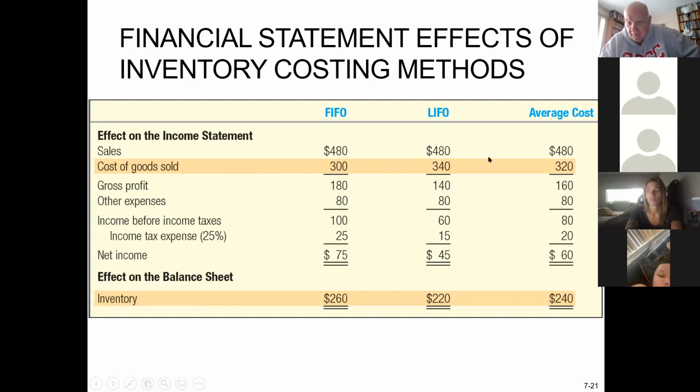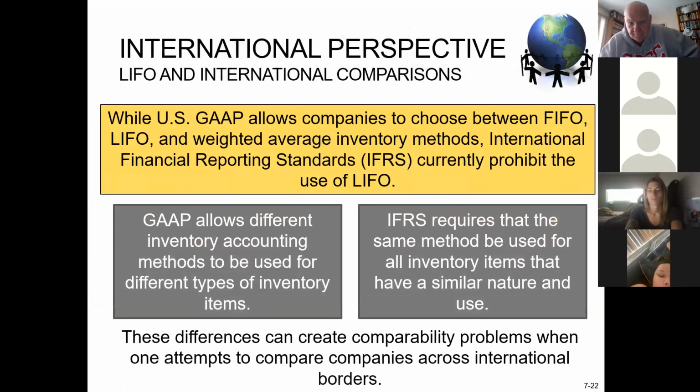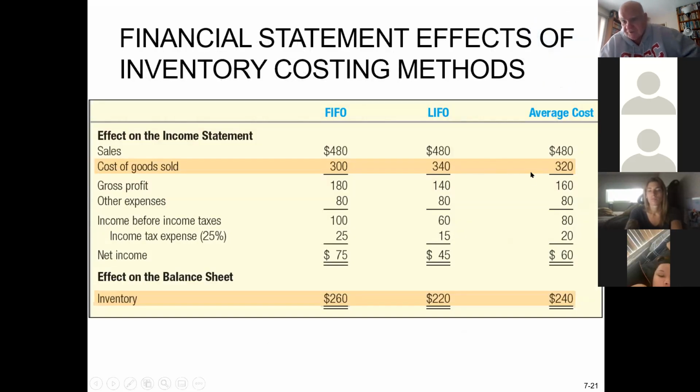So these are the 3 numbers we just computed. Under FIFO, we came up with the cost of goods sold of 300. LIFO, wow, it's much bigger, huh? It's more than 10% bigger. And the average cost, as you would expect, falls somewhere in between.